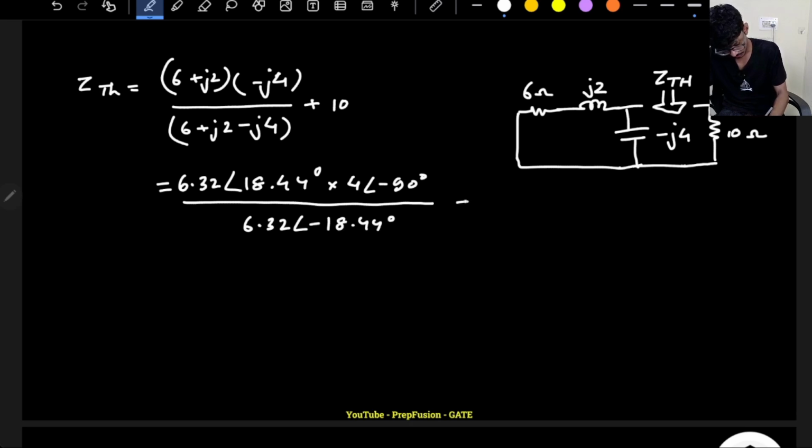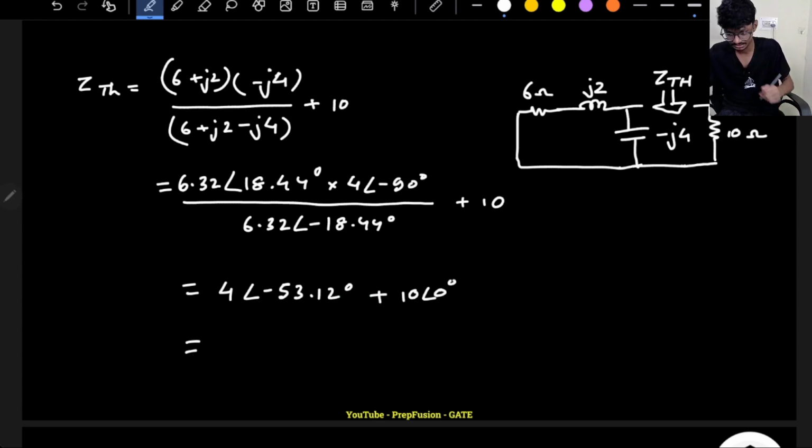And plus 10 is of course there. So 6.32 will get cancelled. This will be 36 point something. So 18.44 into 2 is 36.88, so 4 angle 36.88, and minus 90 is also there, so this will be minus 53.12 degrees, plus 10 angle 0. This is basically a pure resistance, correct?